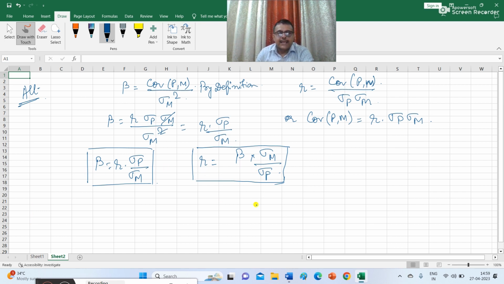So you have already calculated the value of beta, which is minus 0.6099. Sigma m we have calculated at 17.81 and sigma p is calculated at 11.87, and you will get a value of minus 0.915. So this is the alternative way to calculate the correlation coefficient.